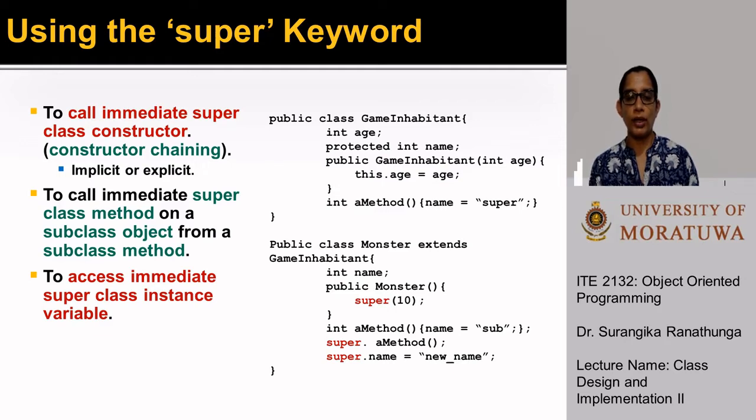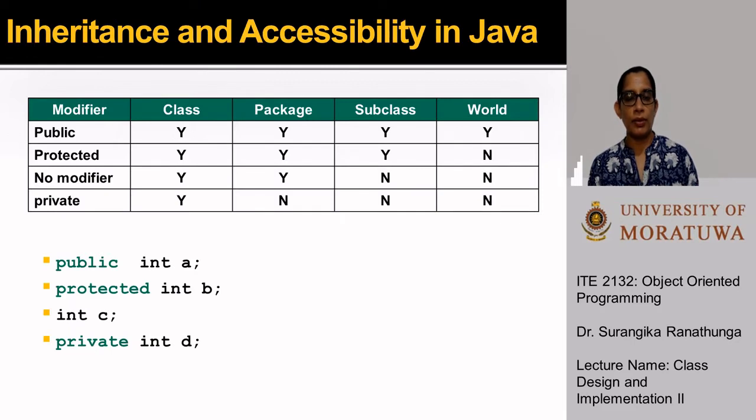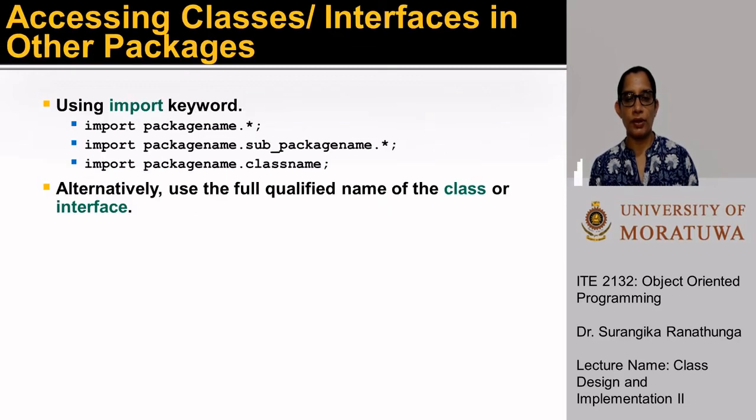Similarly, if you want to specifically access an attribute from the superclass, you can use the super keyword. As you can see, the int name is a protected variable. As we showed earlier, if it is a variable with the protected modifier, we can access that attribute from the subclass. That is what we are doing here.